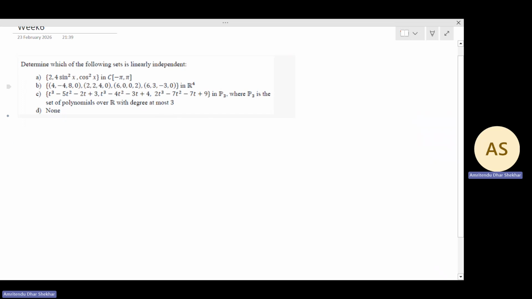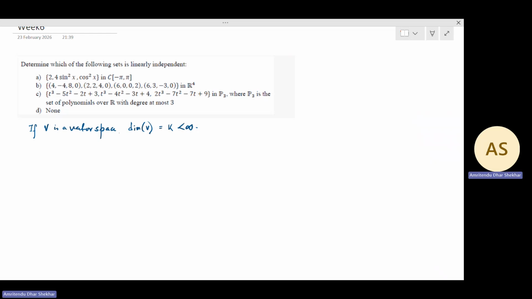The first observation is that if V is a vector space, and if V is finite dimensional, then the dimension of V is essentially the maximum cardinality of an independent set.